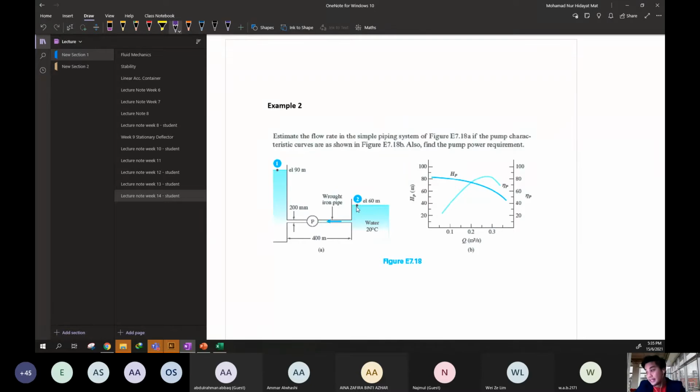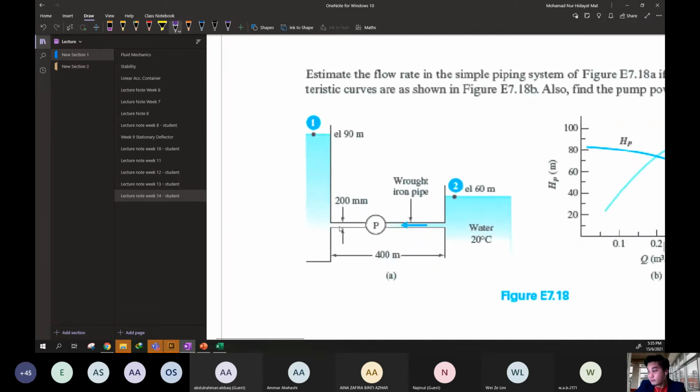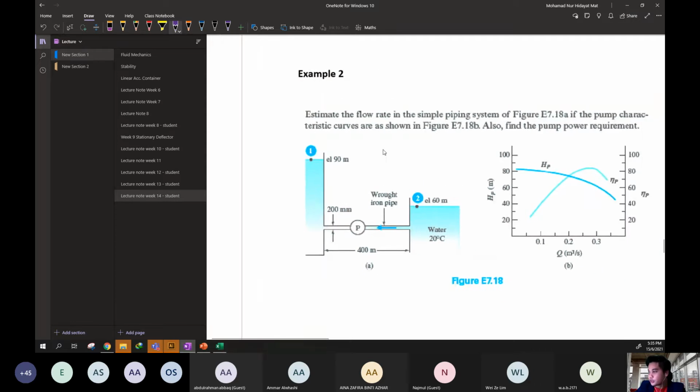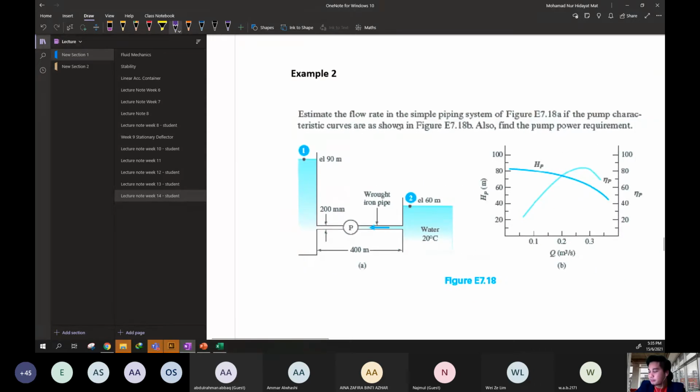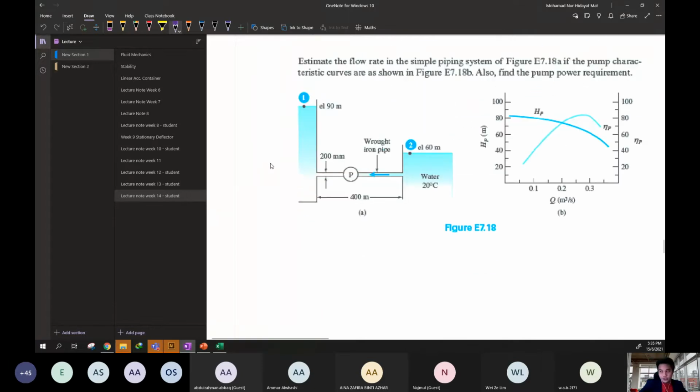It is basically the same. We have the system, we have the pipe here, and then we have the pump. Estimate the flow rate in the simple pipe system if the pump characteristic curve is provided. First, let's analyze this.